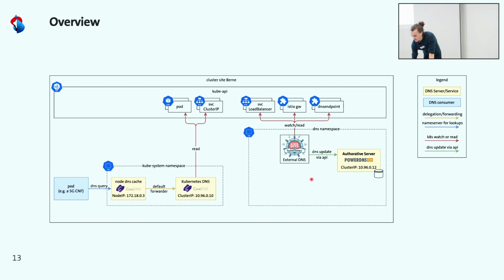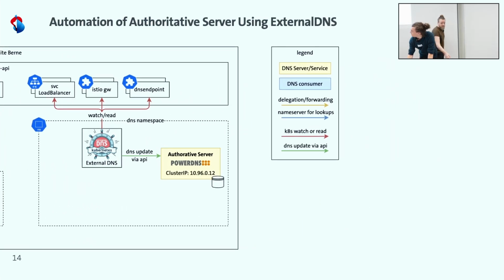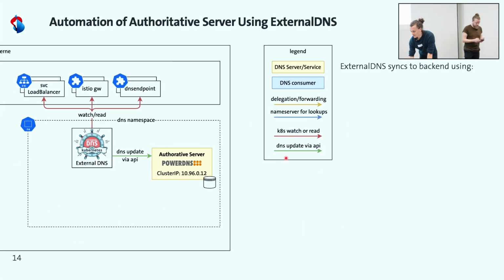All right. So here you can see now our deployment. Here's the DNS namespace, and here you can see the external DNS deployed and the PowerDNS deployment. Now, so what does external DNS do? Oh, sorry, zoom in. What does external DNS do? So external DNS watches certain resources. So in our Kubernetes cluster, it watches the resource of type DNSEndpoint.